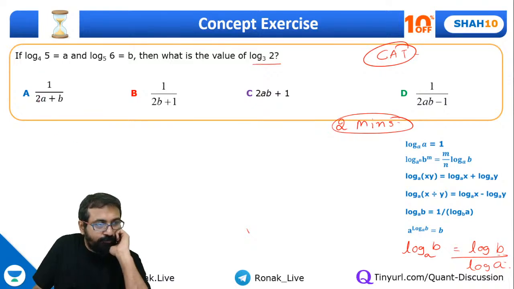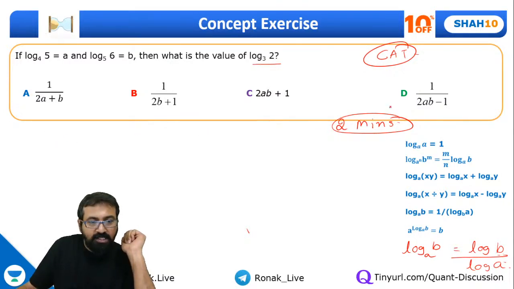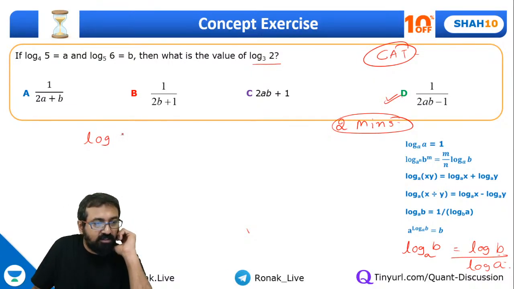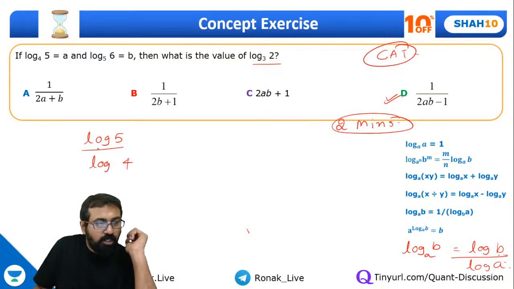So of course the one is saying option D. Okay, let's check. Even I don't remember what's the answer. Log of 5 upon log of 4, see, log of 5 with base 4. So we are applying this rule, log of 5 upon log of 4 into log of 6 upon log of 5.